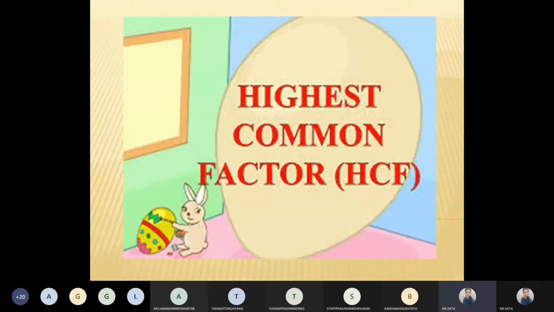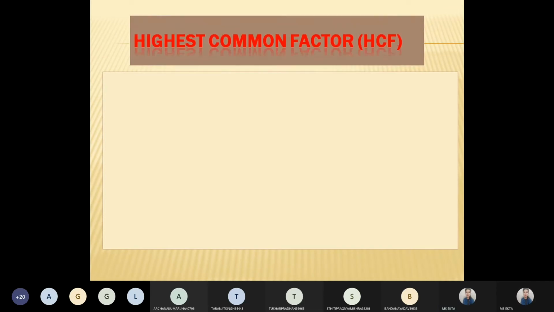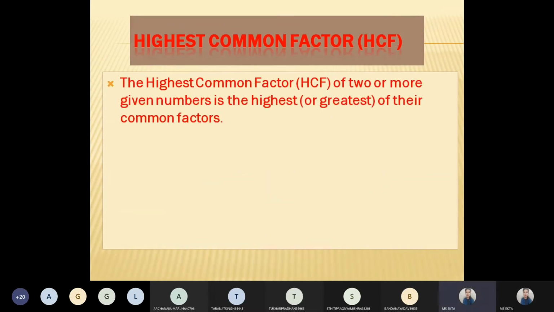Now, we will learn about highest common factor, that is HCF. What is highest common factor? The highest common factor, that is HCF, of two or more given numbers is the highest or greatest of their common factors.